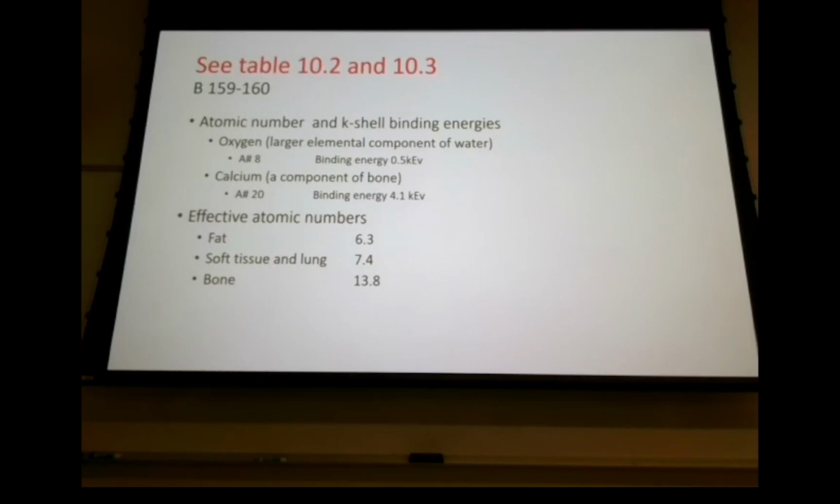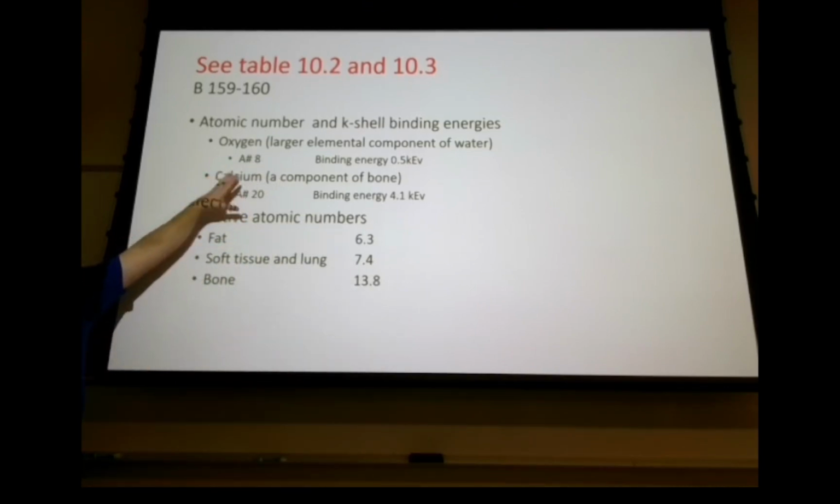Okay, so this is kind of a preface to what we started with, the discussion on tissue types. All right, so atomic numbers and K-shell binding energies are in Tables 1.2 and 1.3 in Bushong. The atomic number of oxygen is 8 and calcium is 20.